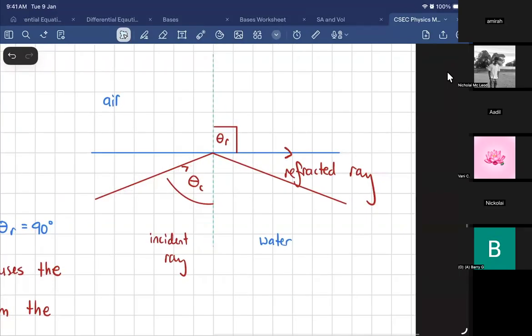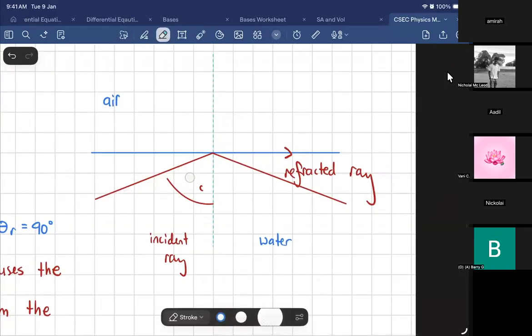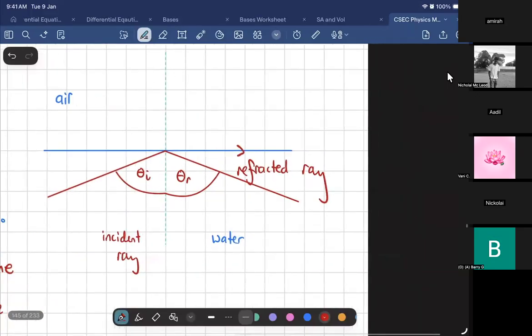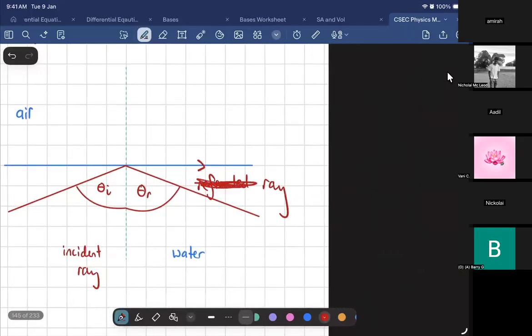So let me make a note about that. So this is how it works. Total internal reflection. You'll have an angle here, theta I, and you'll have an angle here, theta R. And we wouldn't call that the angle of refraction anymore, right? We'll call that the reflected ray. So this is a reflected ray.